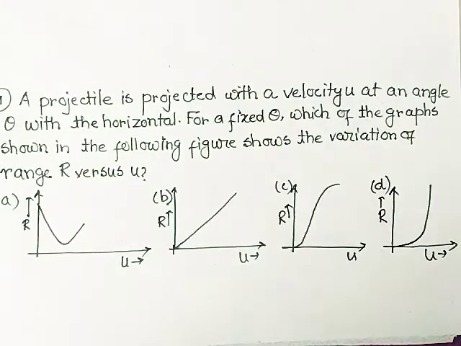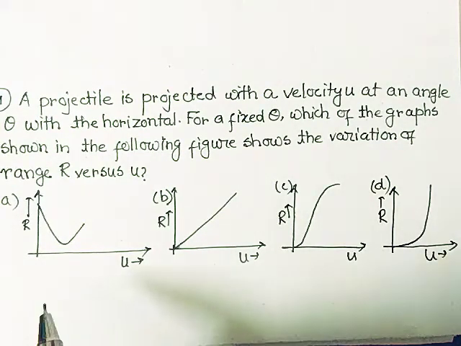A projectile is projected with a velocity u at an angle theta with the horizontal. For a fixed theta, which of the graphs shown in the following figure shows the variation of the range versus u?